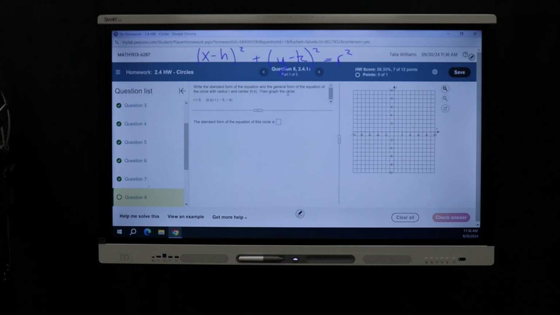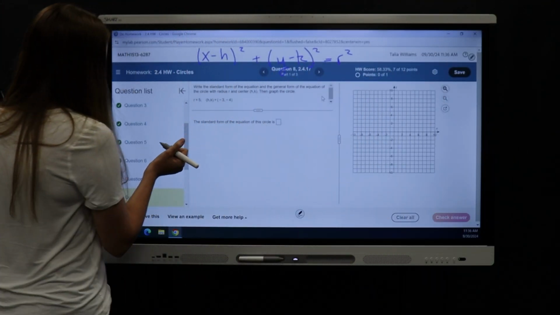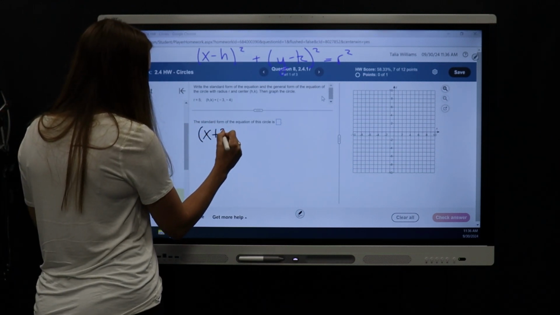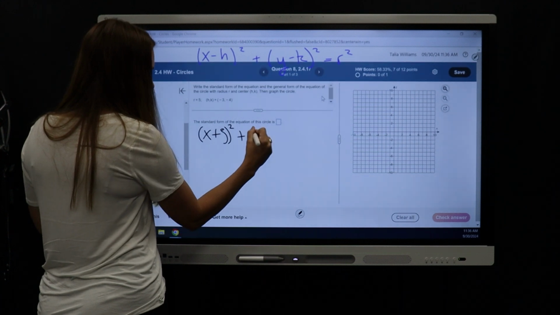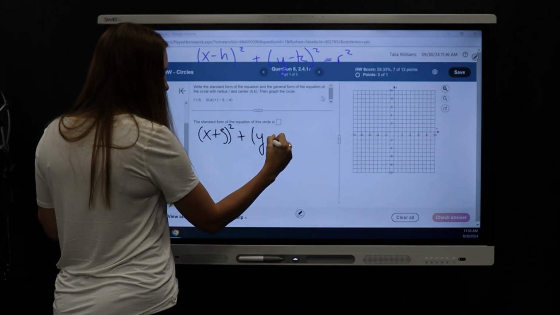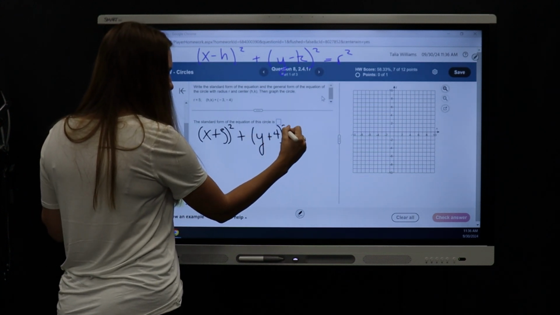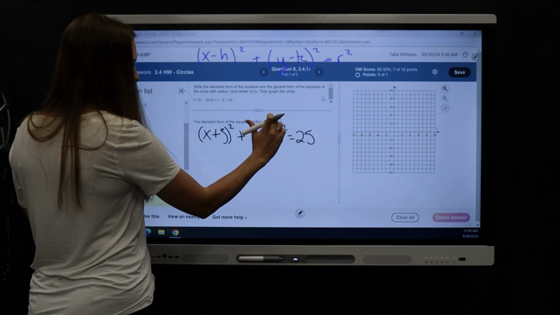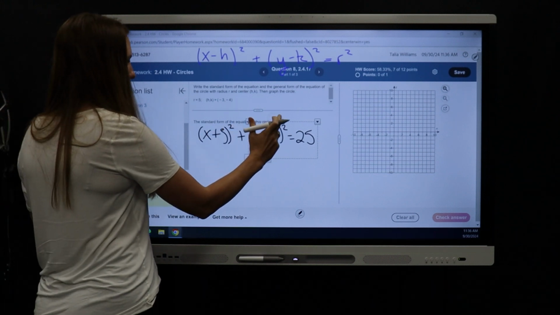Write the standard form of the equation and the general form of the equation of the circle with radius r and h, k, then graph. Continuing. So we'd have x subtract a negative 3 squared plus y subtract a negative 4 squared equals 5 squared, which is 25. It's not what I wanted.